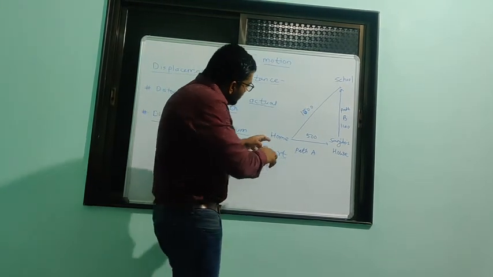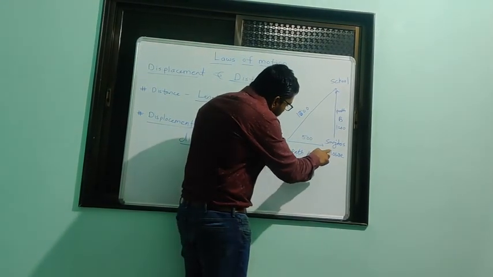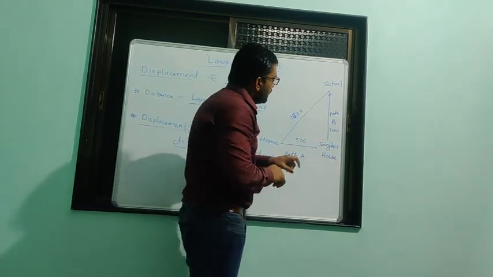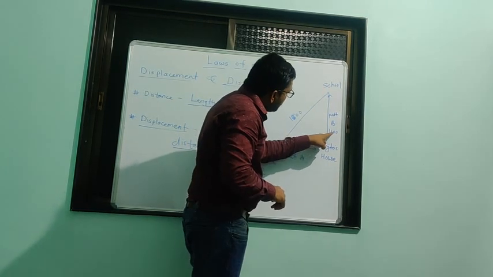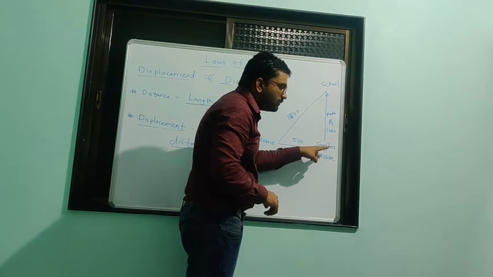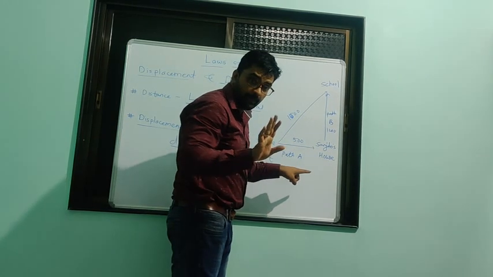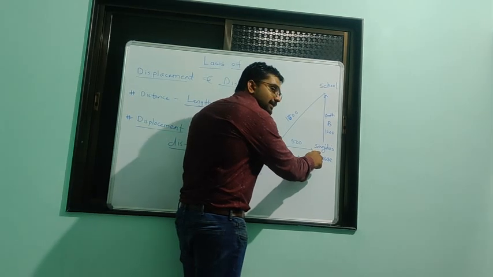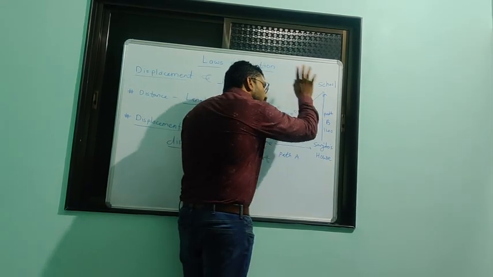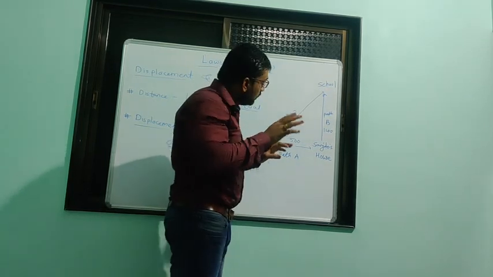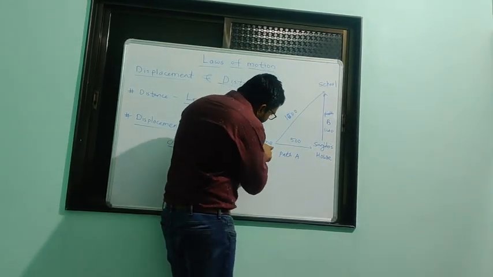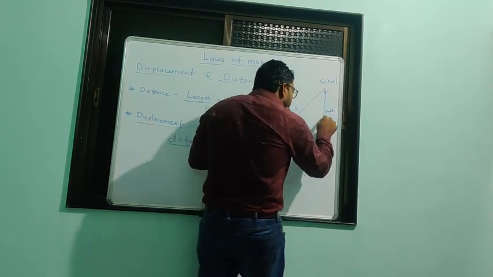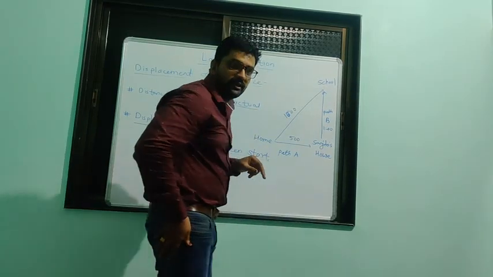Now the distance between Sheetal's house and Sangeeta's house is 500 meters. The school is 1200 meters away from Sangeeta's house. First, Sheetal went towards Sangeeta's house, then both together went to school. So Sheetal first covers 500 meters, and again from here to here 1200 meters.